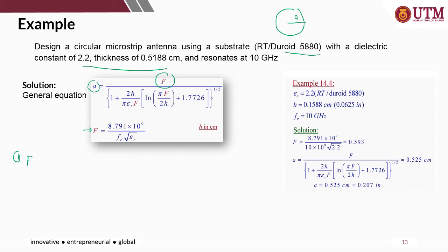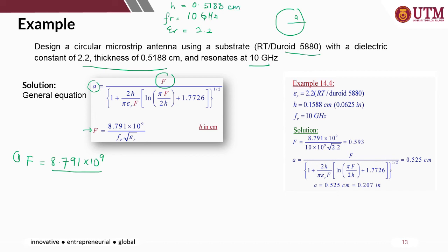So F is 8.791 times 10 to the power of 9 divided by Fr, given the resonant frequency is 10 GHz, and the dielectric constant is 2.2, while the thickness h is equal to 0.5188 centimeter.